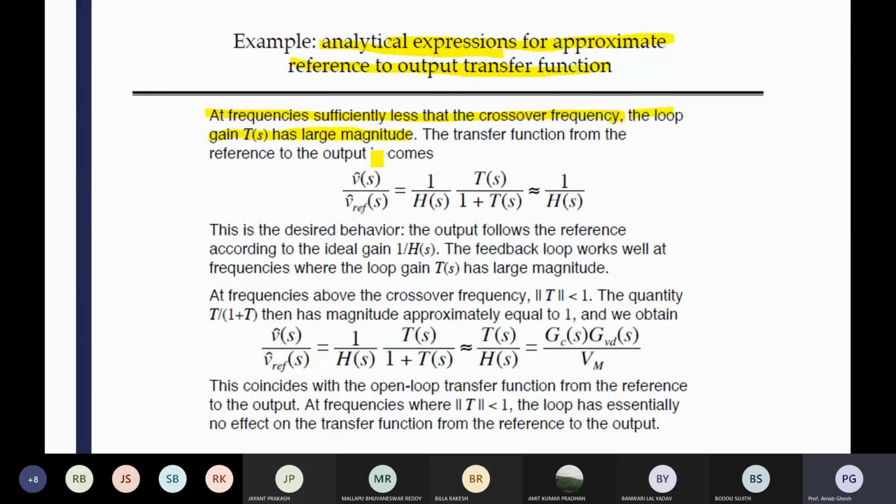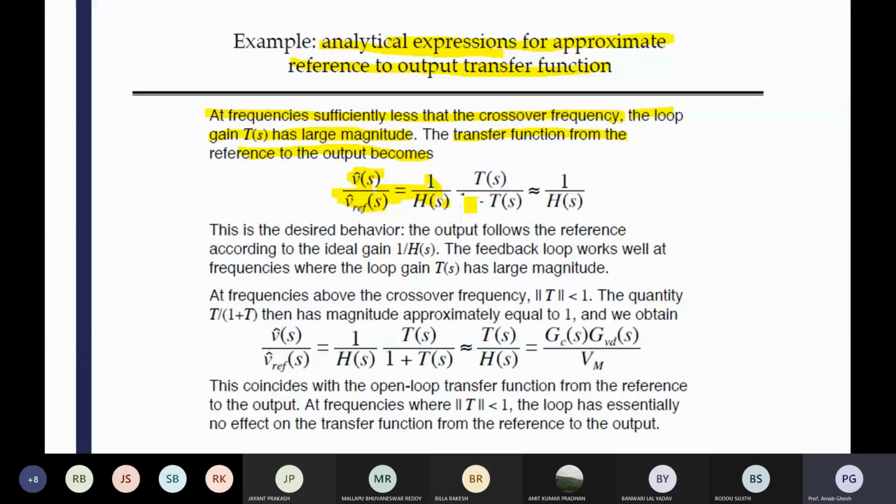The transfer function from the reference to the output becomes v(s) by v reference equal to 1 by H(s) into T(s) by 1 plus T(s), which I have discussed. So now you can replace all those values. The desired behavior is that the output follows the reference according to the ideal gain, and the ideal gain is 1 by H(s).